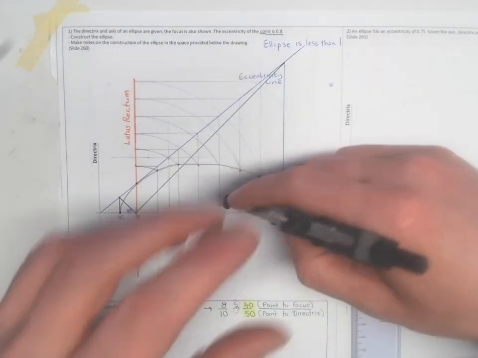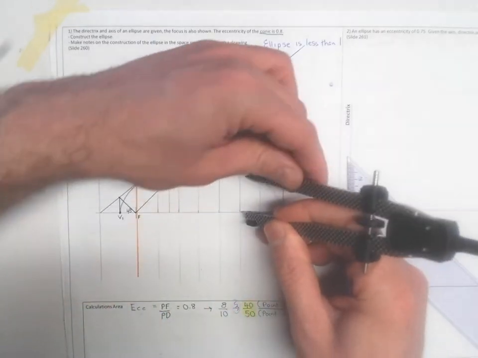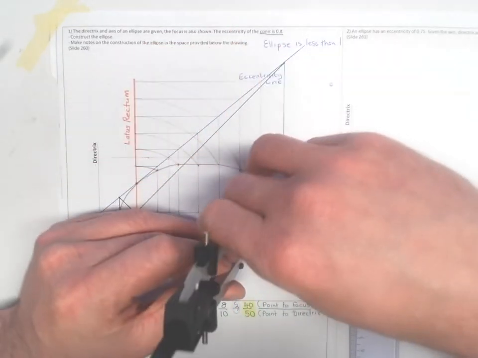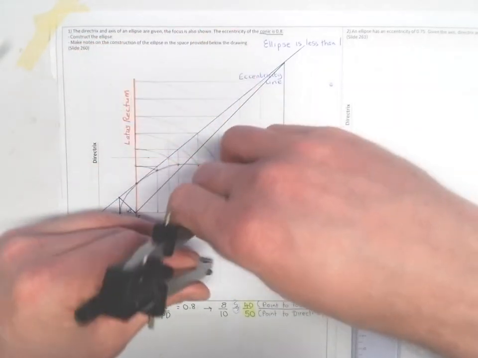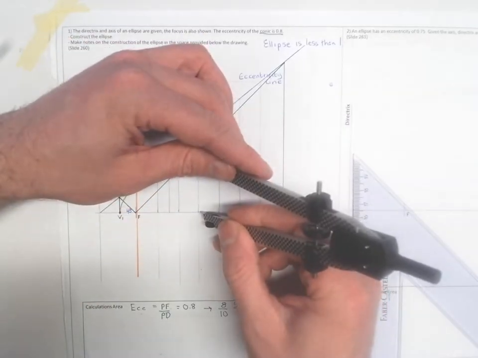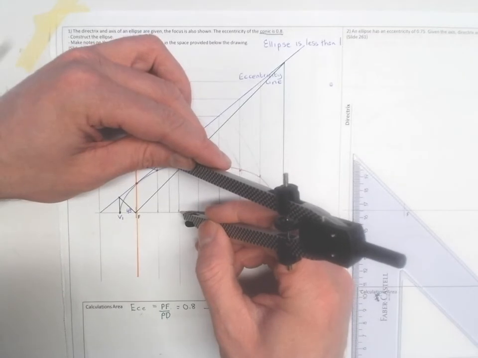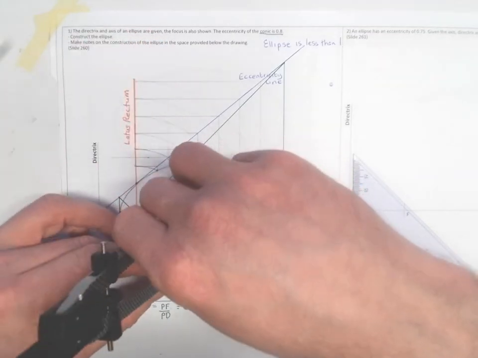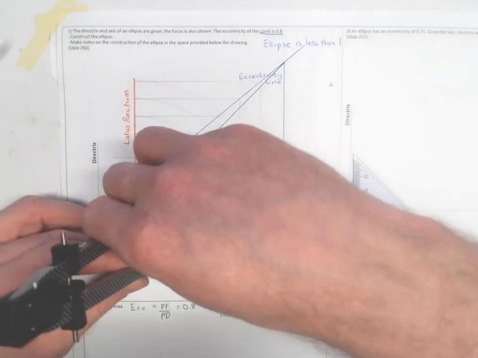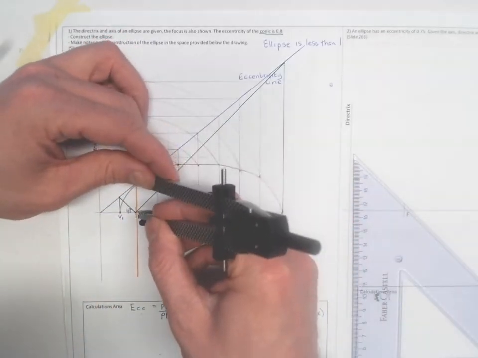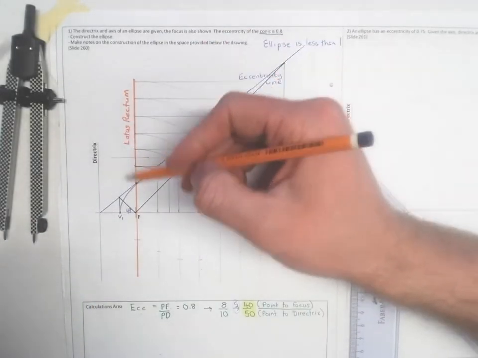Take your distance, step it off. Lightly join this again.